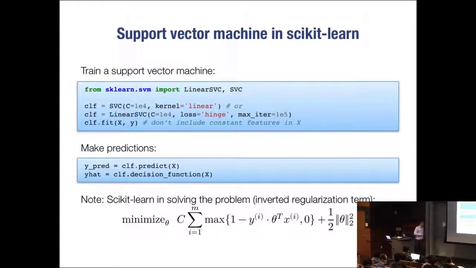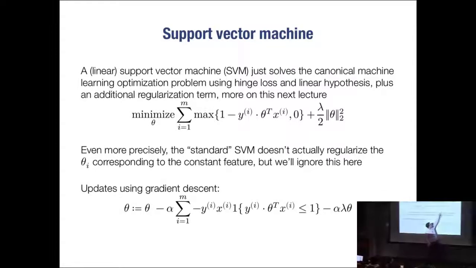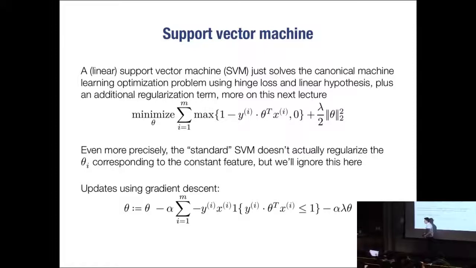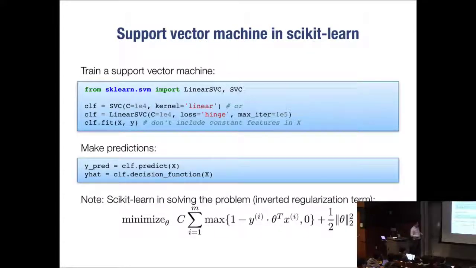The other big thing to keep in mind is that scikit-learn uses different notation than what we discussed so far. When we framed a support vector machine, we did the more common thing for machine learning, which is to put the coefficient, which again we'll talk about next time, on the regularization term. Scikit-learn actually puts it the other way. Instead of lambda, it uses a parameter called c, and it weights the loss by c.